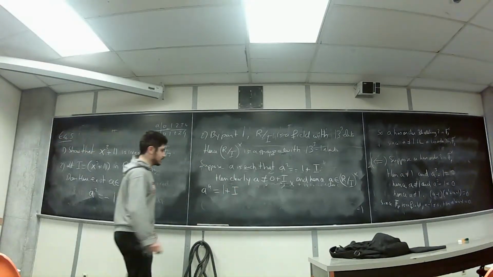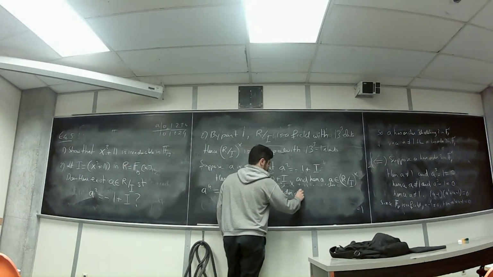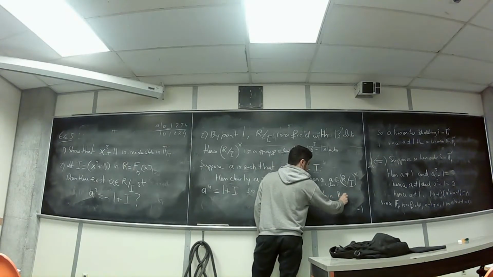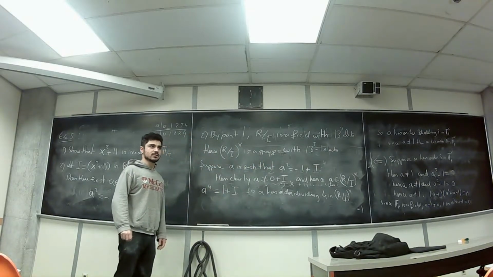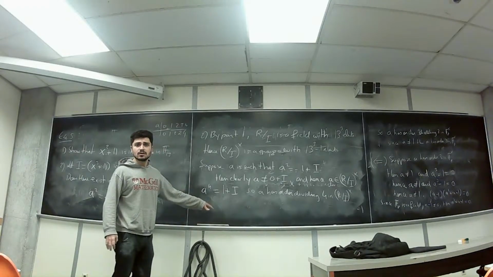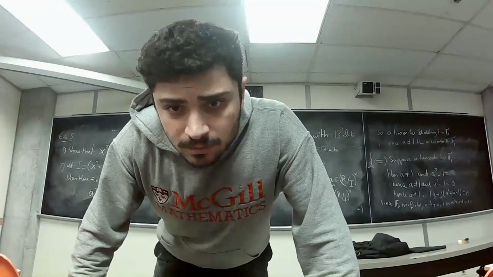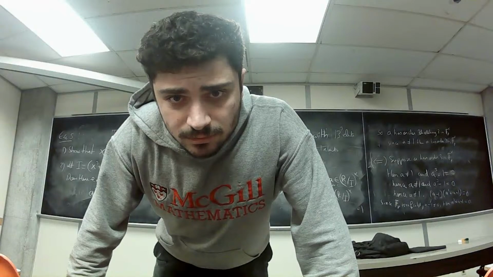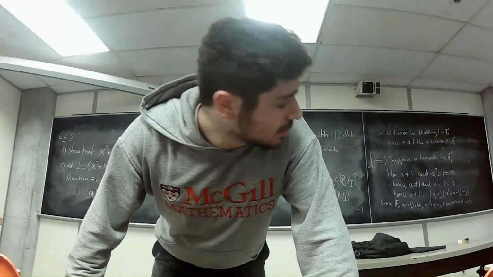So A has order dividing 4 in R mod I star, because A to the 4 is the identity of R mod I star, right? Are we good here? People attending online, are we good? Okay.